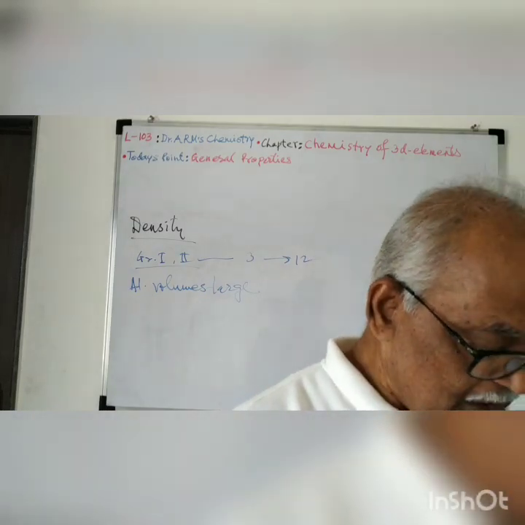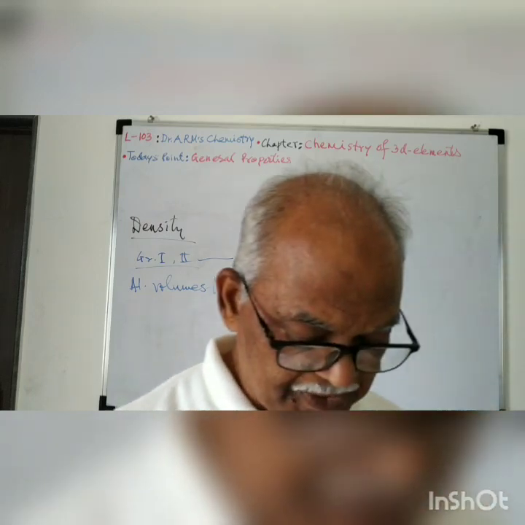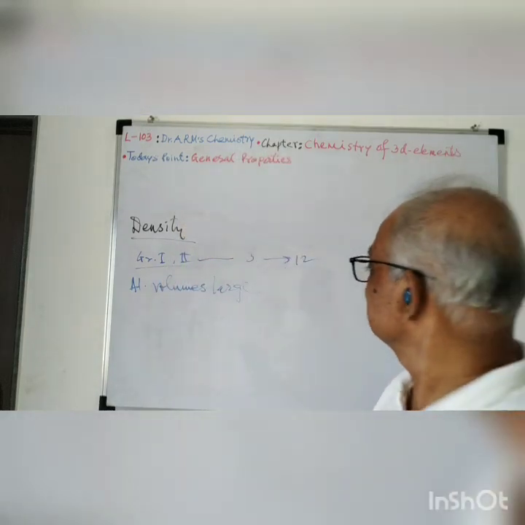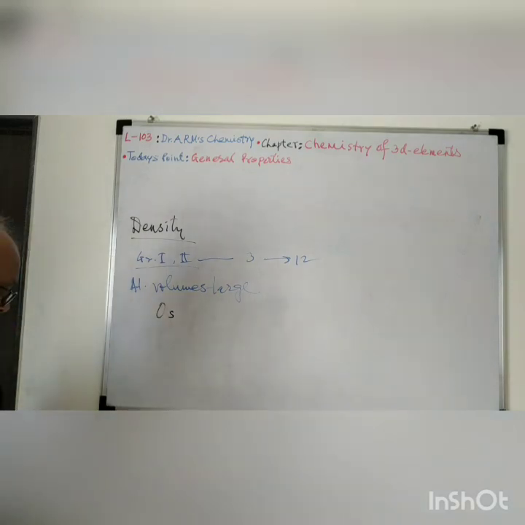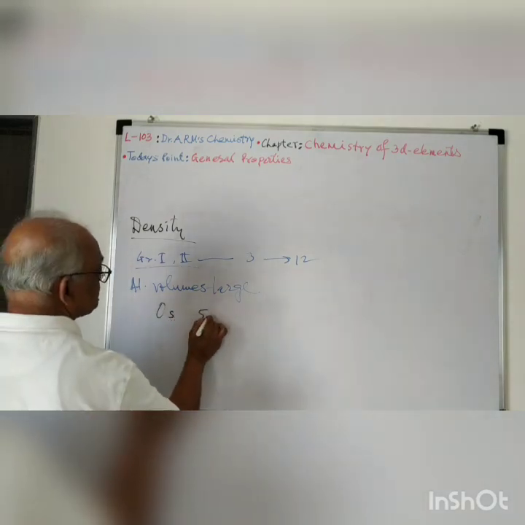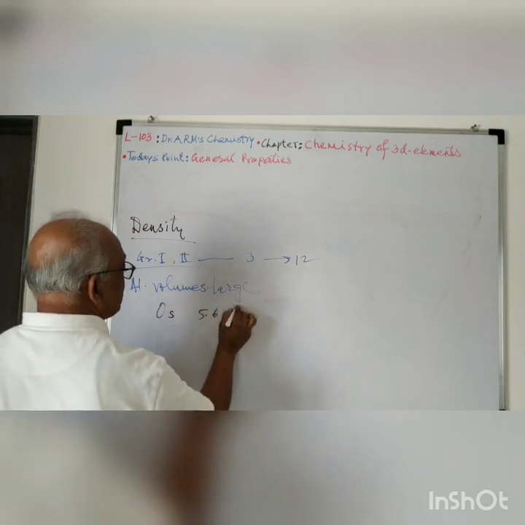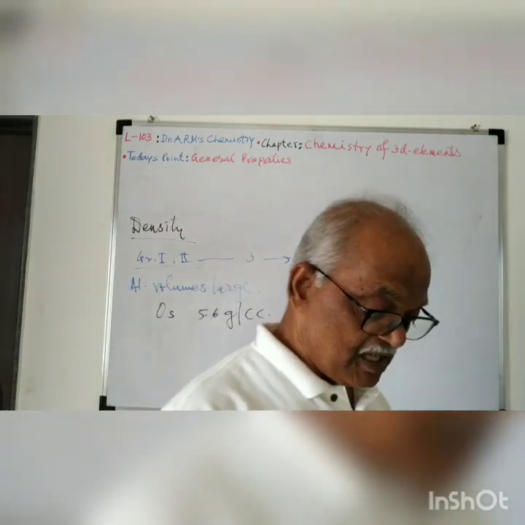For example, if we consider elements such as osmium, osmium has density 5.6 gram per cubic centimeter, that is cc.